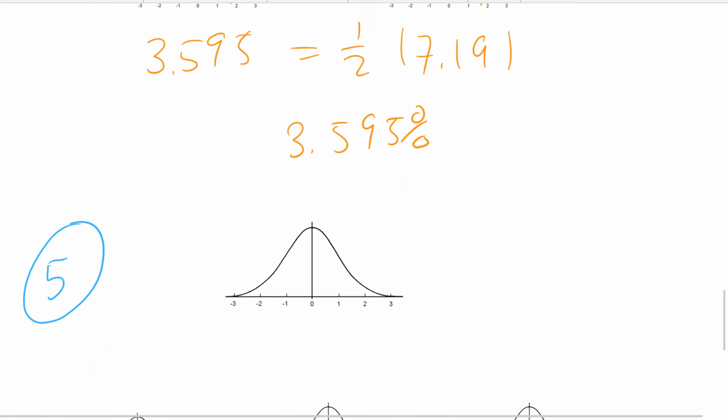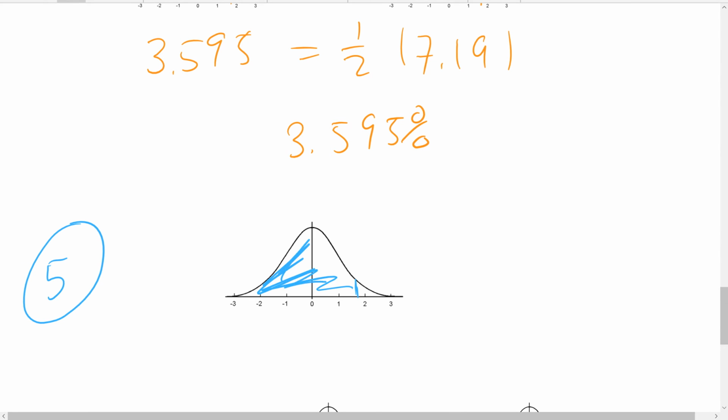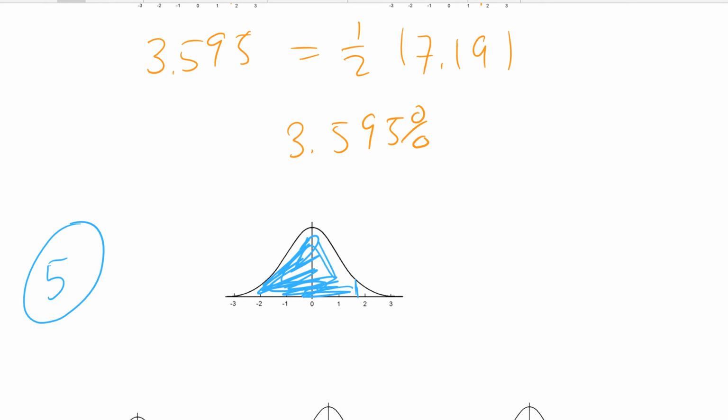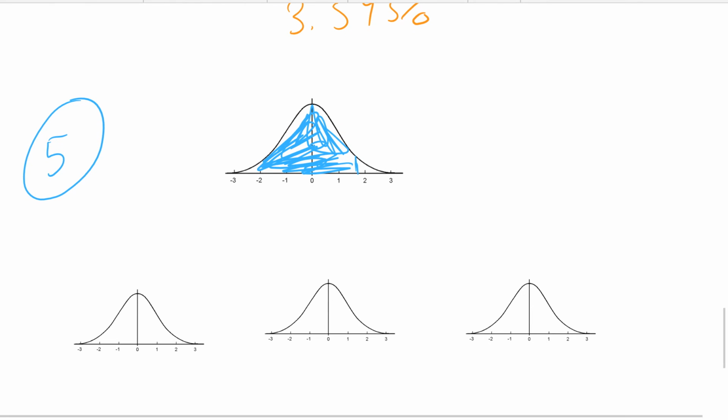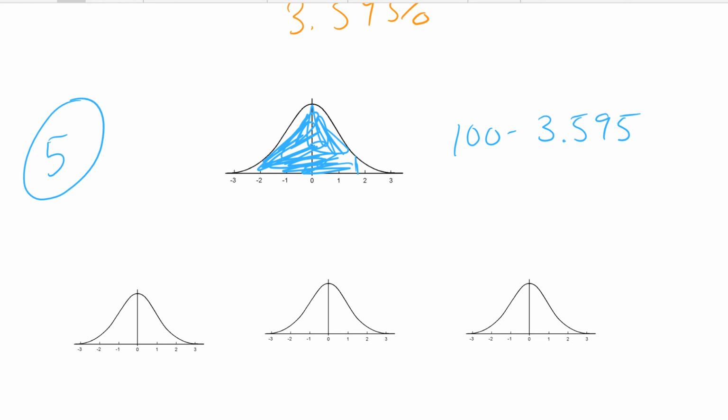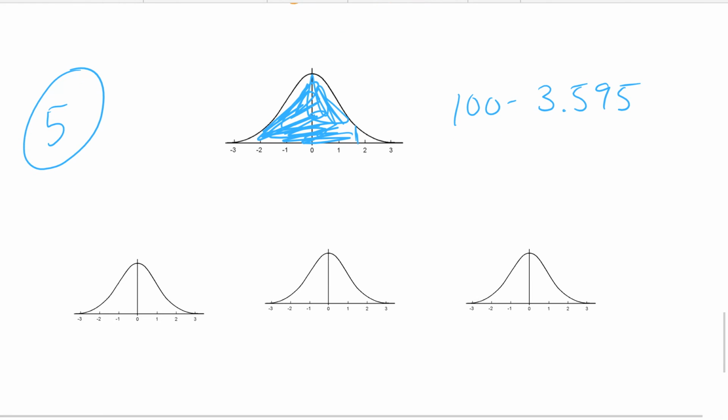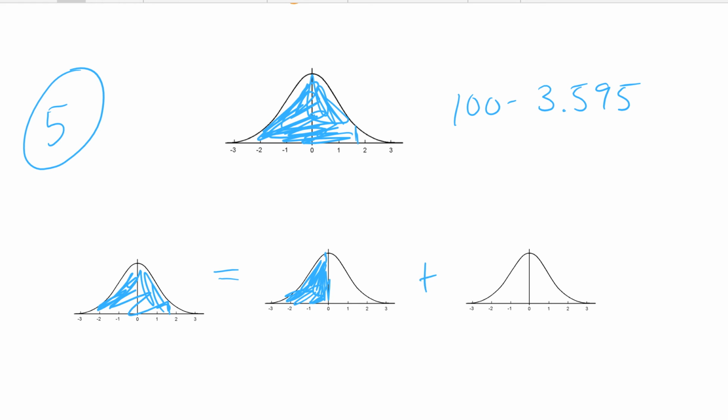Next is the area to the left of 1.8. This area here. Now, since we found the area to the right, the real quick step is do 100 minus what we found above. Let's say you didn't find that. This is equal to the area to the left of 0 plus the area between 0 and 1.8.